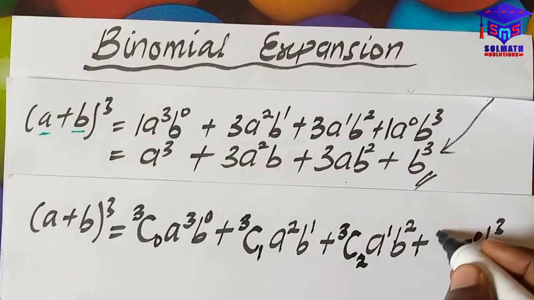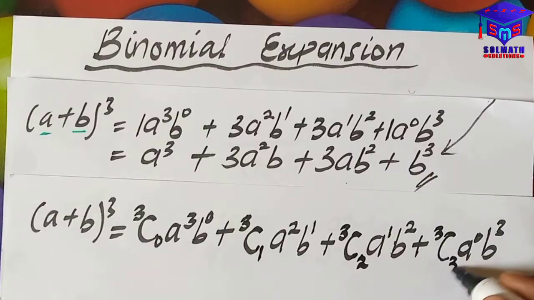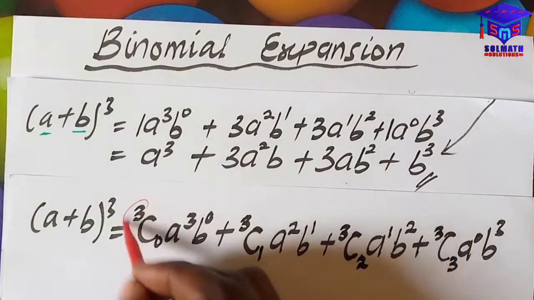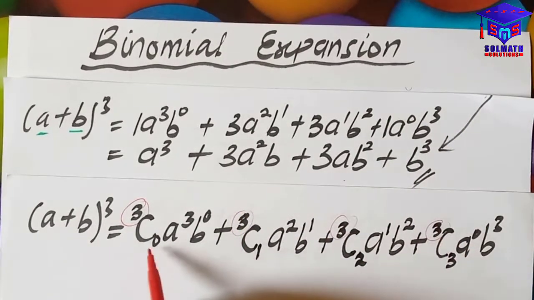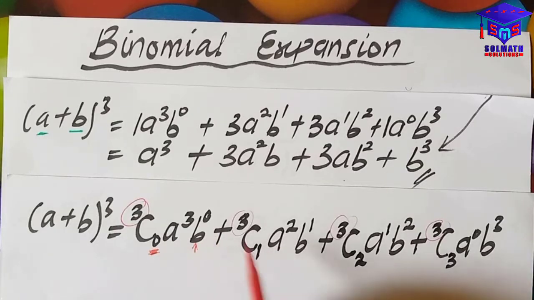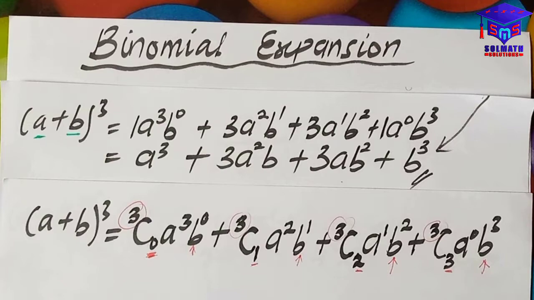Here, 3 combination 2. Then here, 3 combination 3. Is that right? Good. So the 3 we have over here is constant for all the terms, but the value we choose is always the power of the second term of the binomial.